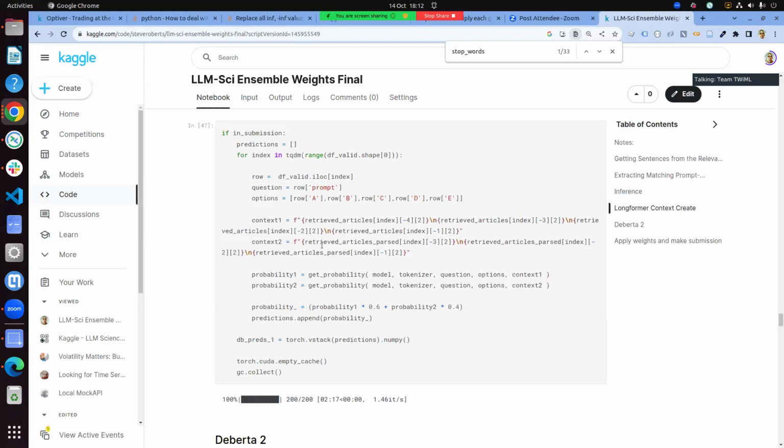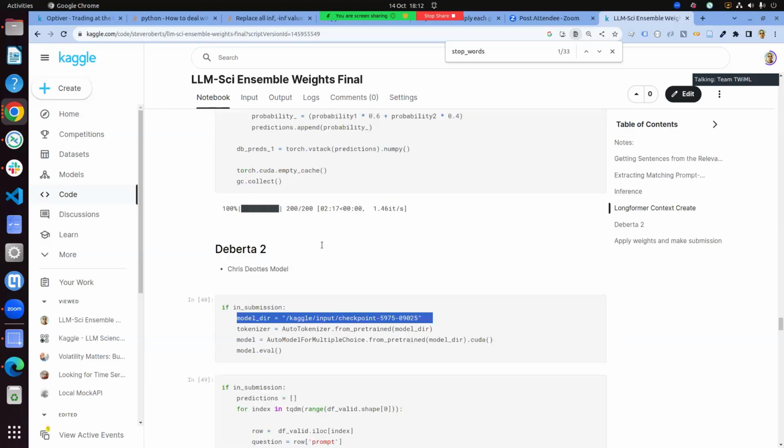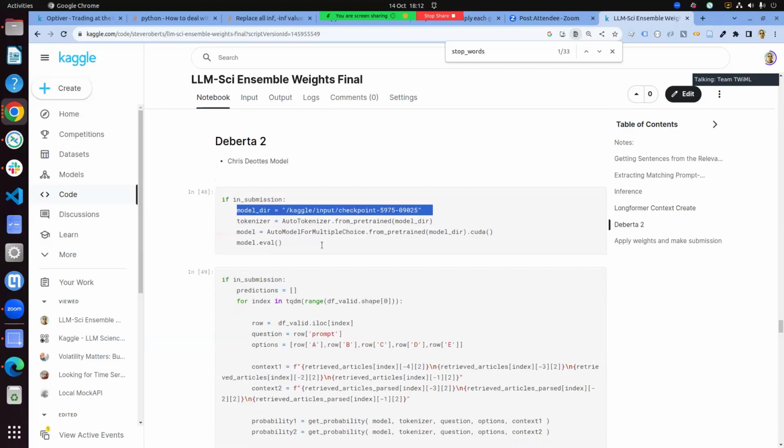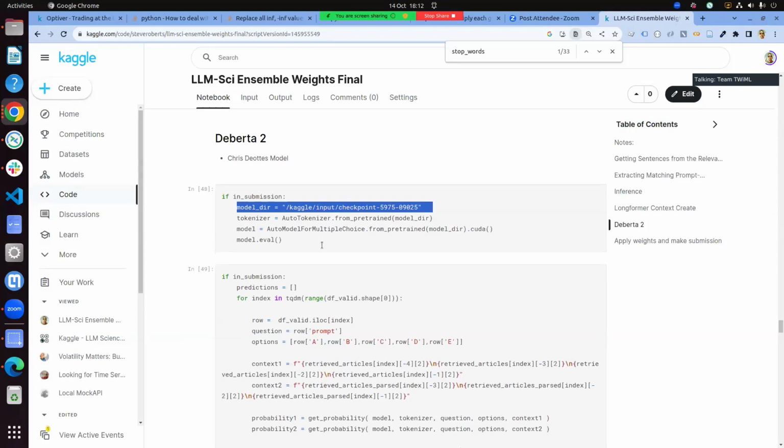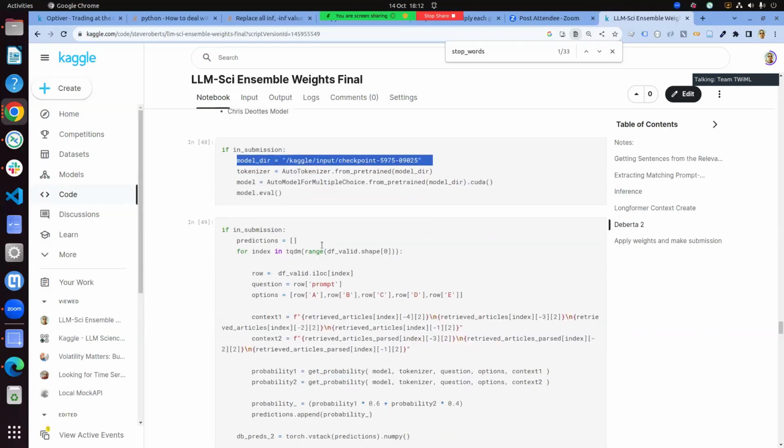To make a long story short, this particular model, 5975, turns out isn't his model, but somebody else's who has used his model. I used, directly out of his two notebooks, the second training notebook, which has a model V2 and also a checkpoint 125 or whatever. I used those two models and I got a very low score.